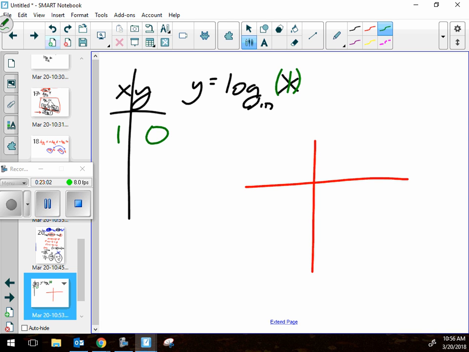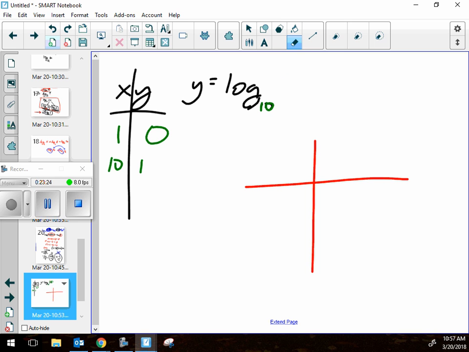Use strategery. 10. 10's a good choice. Because log base 10 of 10, that's easy. It's 1. Put in a 10, I get a 1. And then we have the middle child option, always overlooked. 1/10. 1/10 is a really good choice.